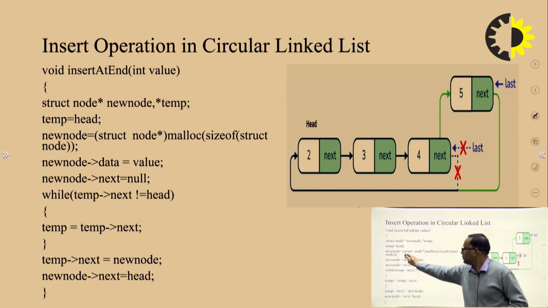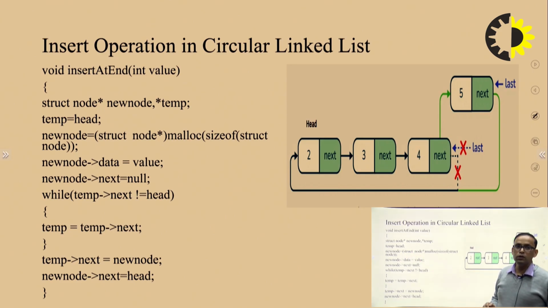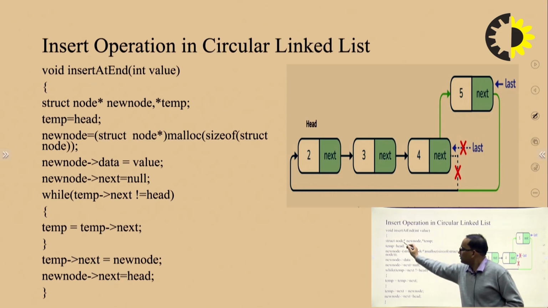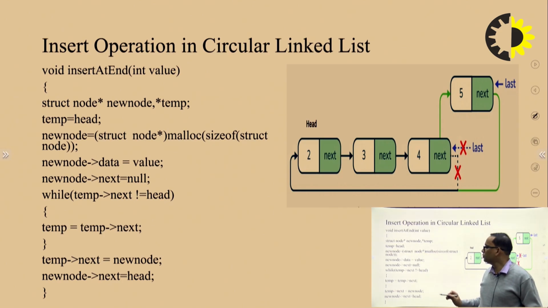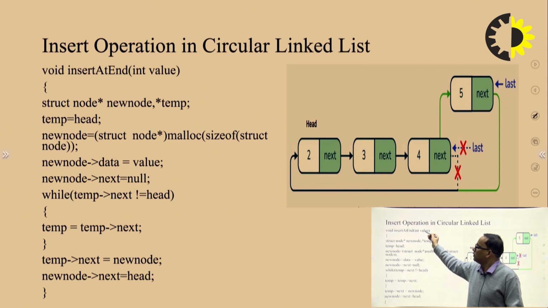In this step, we are allocating memory to the newly created node with the help of the malloc function. So here the node is created, new node. In this step the memory is allocated to the newly created node, and now in this step we are assigning the value to the data field of new node, which is passed through the parameter to the function. So whatever value we pass, that value will be assigned to the data field of the newly created node.